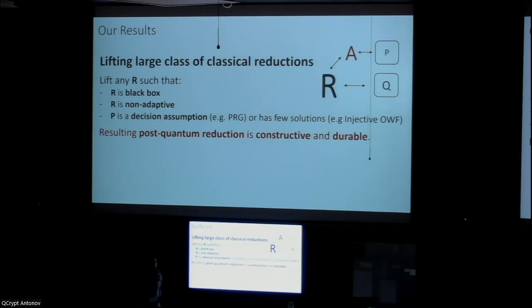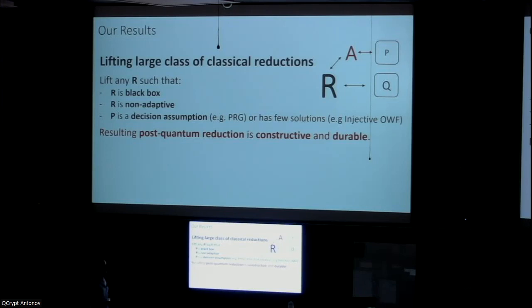Then we can change the reduction a little bit to make it post-quantum, constructive and durable in the post-quantum setting. The reduction can take just a single copy of the adversary, and use it not only to break Q, but to break Q over and over again. It can break Q once, but you can still use it to break Q again.